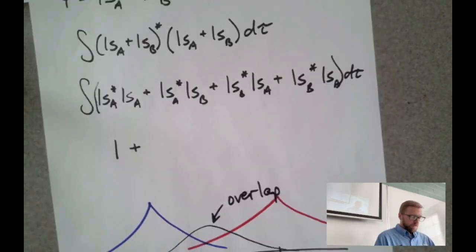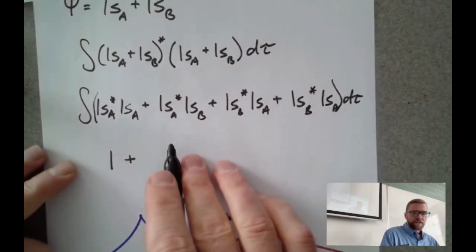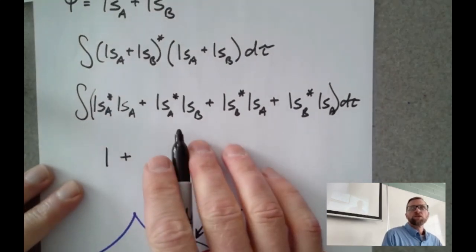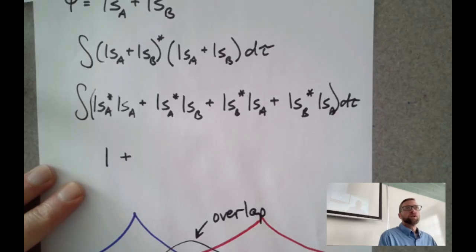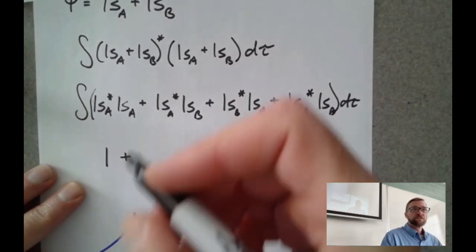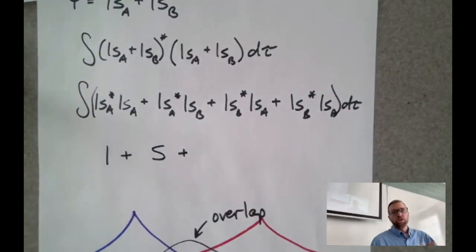So this second integral right here is what's called the overlap integral. We're going to give that the letter S for the overlap integral, because S goes with overlap.